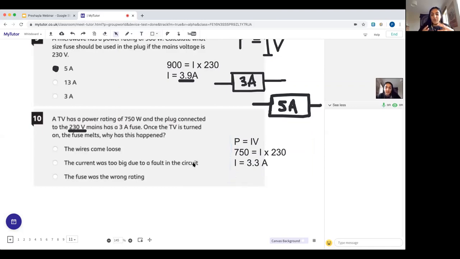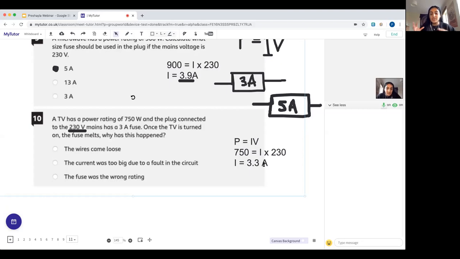Okay, so we know the current going through our TV is 3.3 amps, but we have a 3 amp fuse. So that's not an appropriate fuse for the TV. 3 amps is not an appropriate fuse. Our current, I, is 3.3 amps.